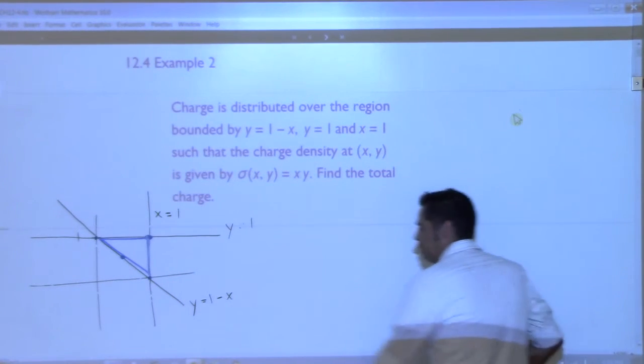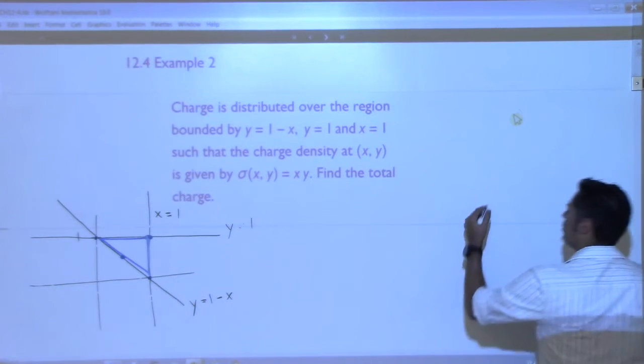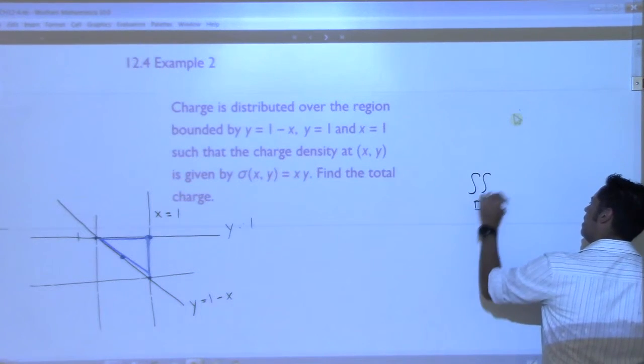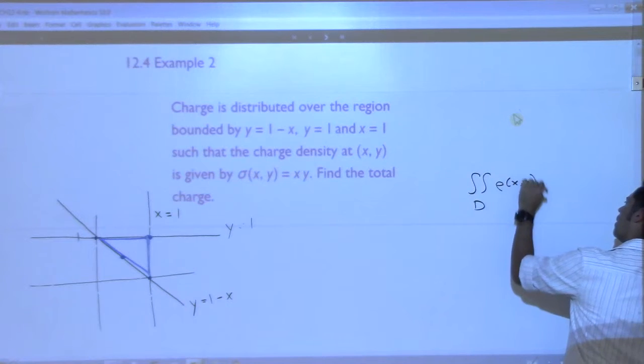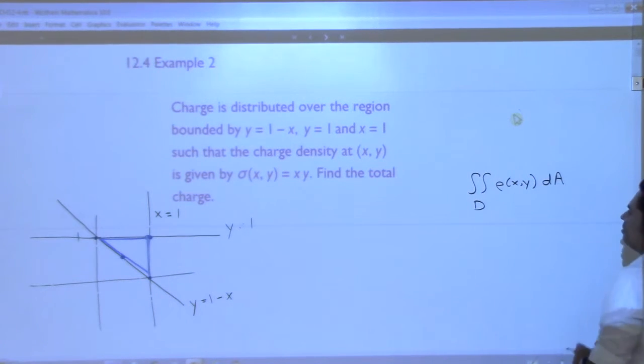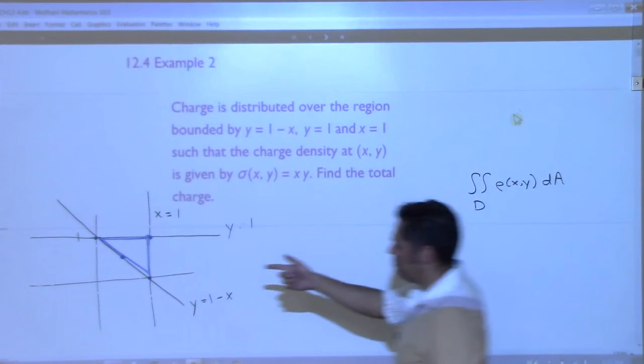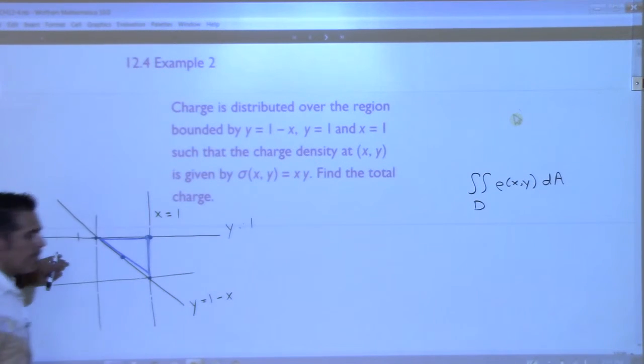So there's my region, my lamina, and now I just need to set up the double integral over D of rho of xy dA. When you look at this region that we have on the ground, that's a type 1 region. Type 1 would work really well here. We don't need polar, since it doesn't have any circles in it.